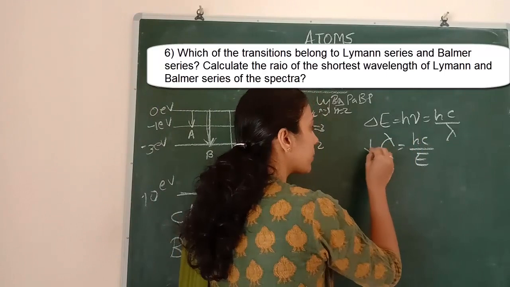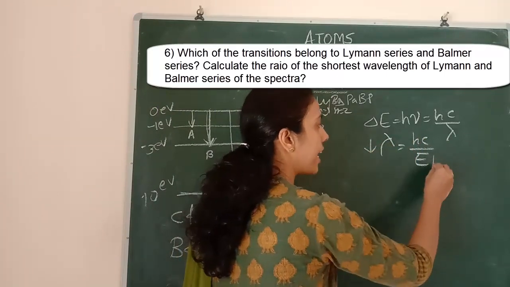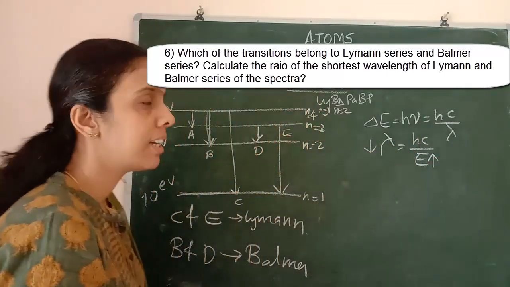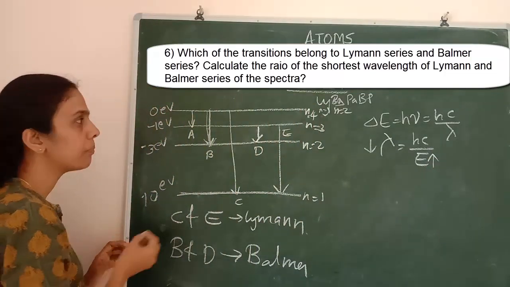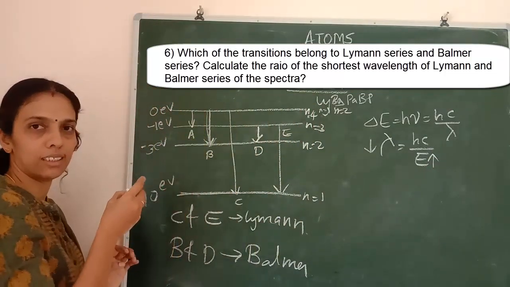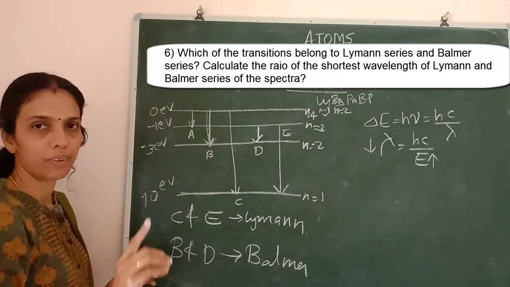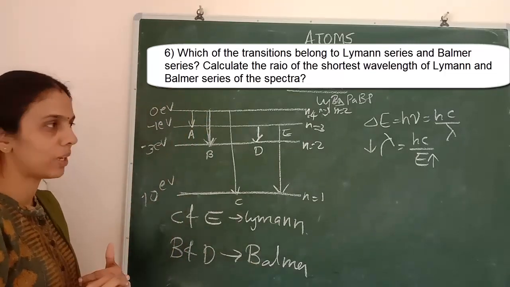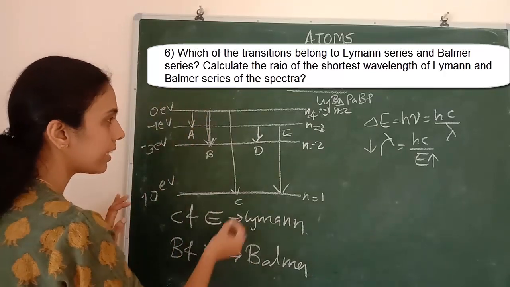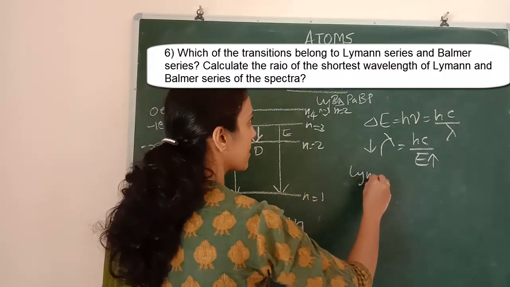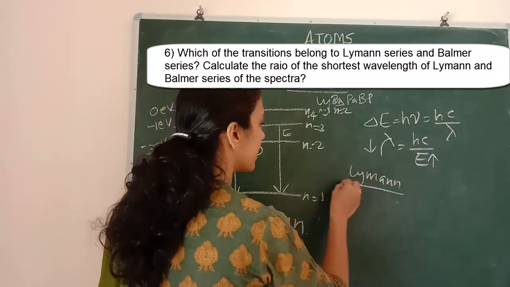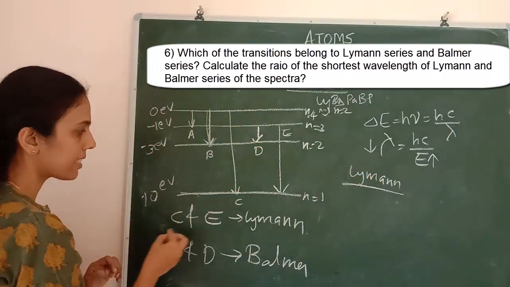If we need to get a shorter wavelength, the energy should be greater. When will the energy be greater? With the maximum transition from a higher to a lower level, the maximum energy will be released. So in the case of the Lyman series, which will be the maximum transition?